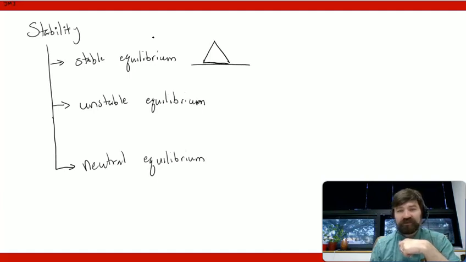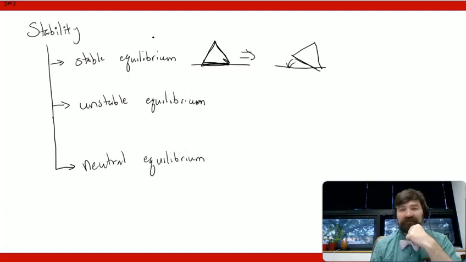This is a stable equilibrium, relatively speaking, because if I perturb this object slightly, it's going to tend to rock back onto its base. In other words, if I perturb it like this a little, then it's going to want to go back to its original position of just being on the ground again.